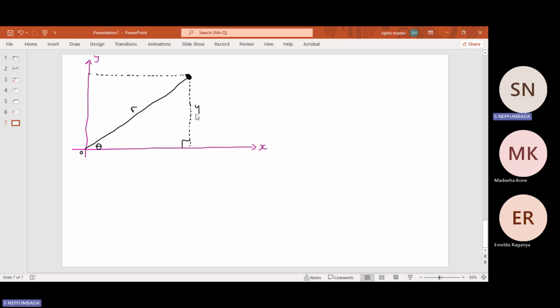This is our y, this is our x, so this is our yi, we know that.